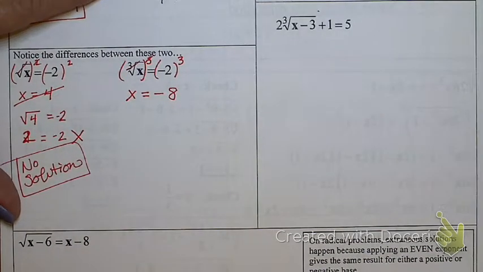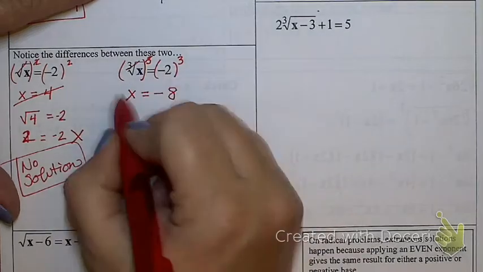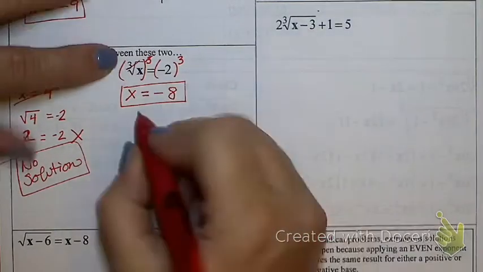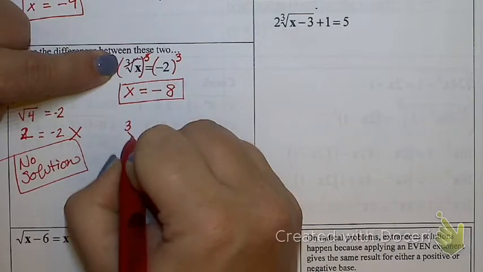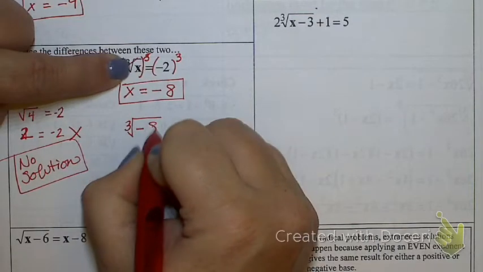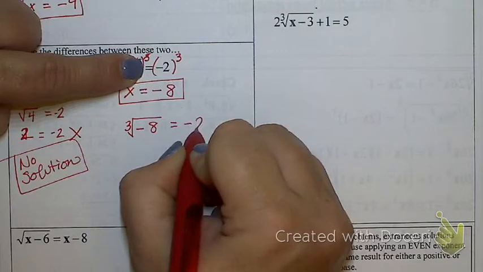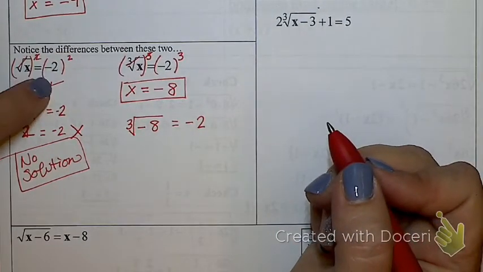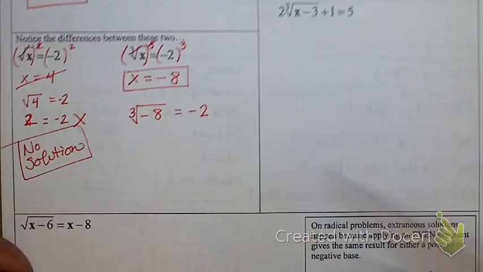Do I need to check this one? Not if I'm confident that I did my work correctly. I'm going to check this one just to prove to you that it's correct. So if I plug this back in, the cube root of negative 8, can that equal negative 2? Because remember over here we said the square root can never equal a negative number. Can a cube root equal a negative number? Yes.